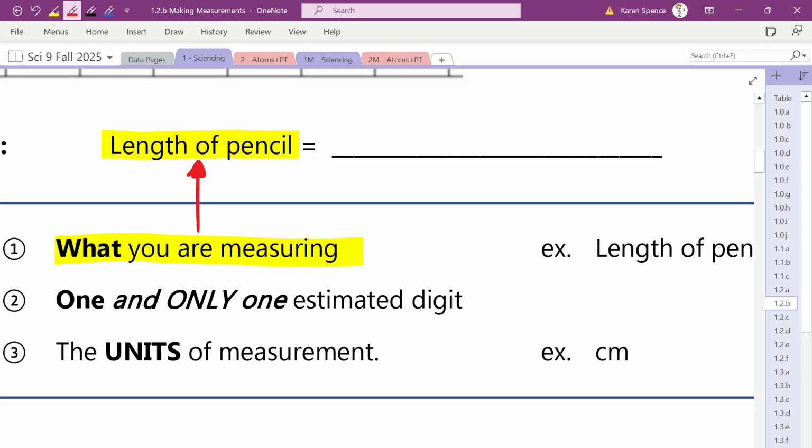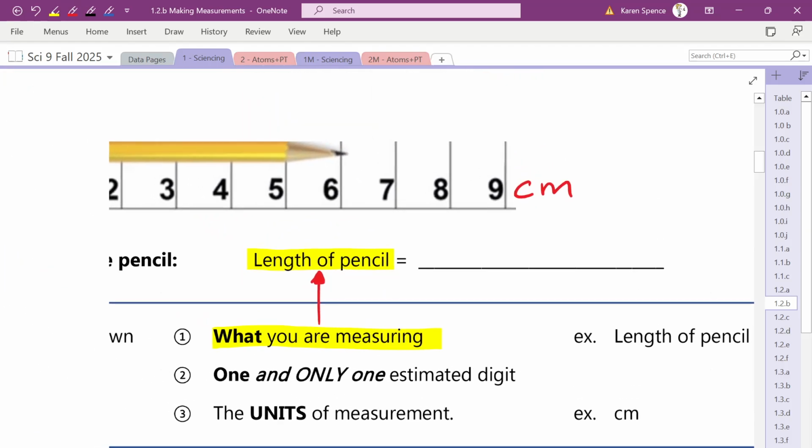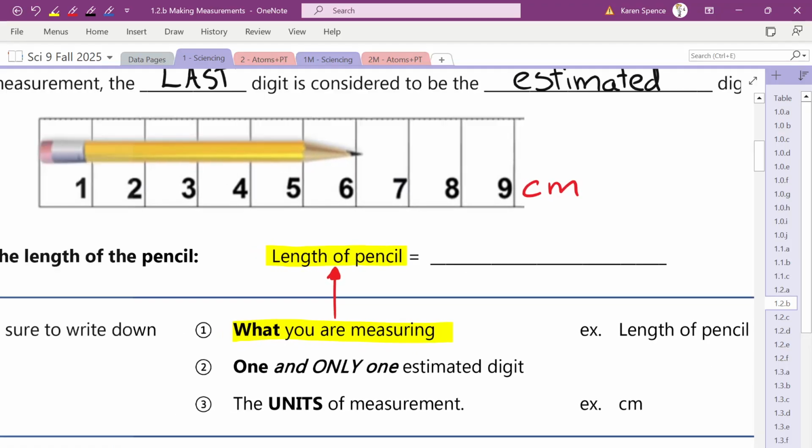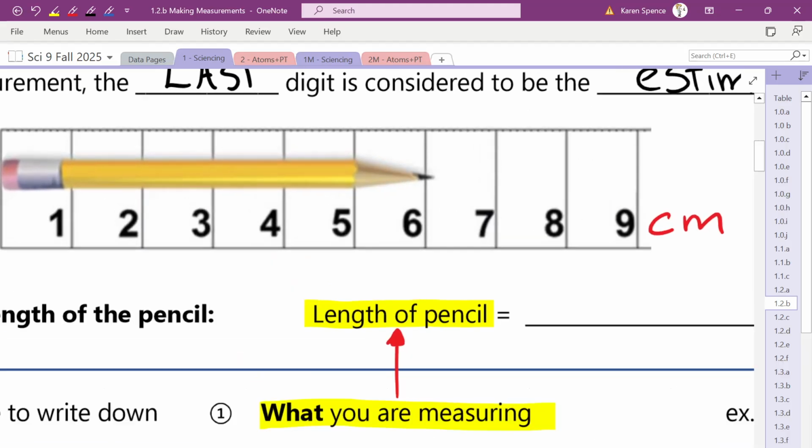Obviously, you need to write down your measurement. So tell your partner or someone near you, or yourself if you happen to be alone, or you can just do little sign language at each other. What do you think that measurement would be for that pencil?